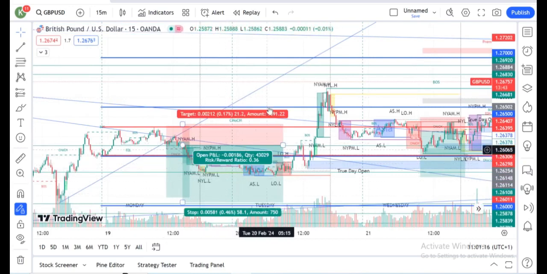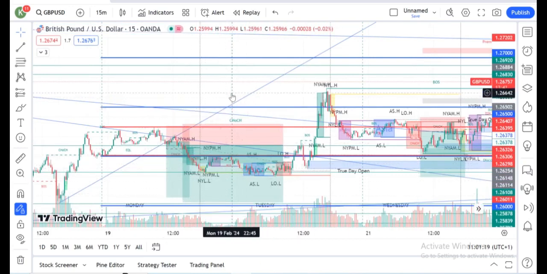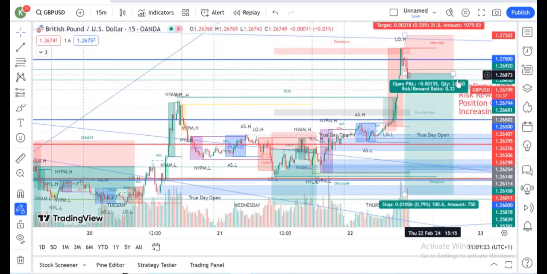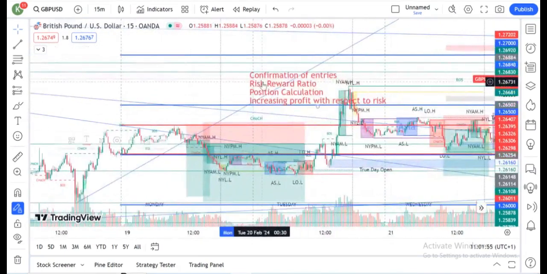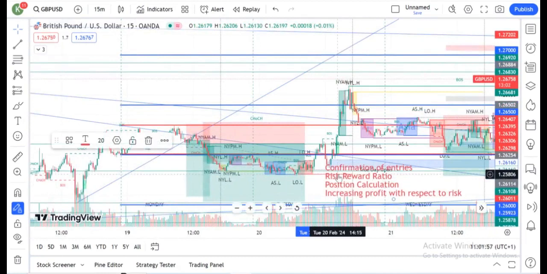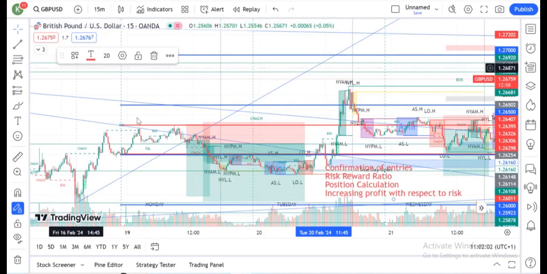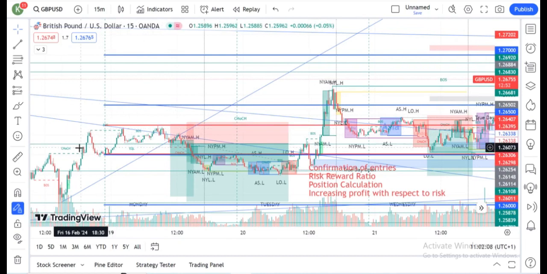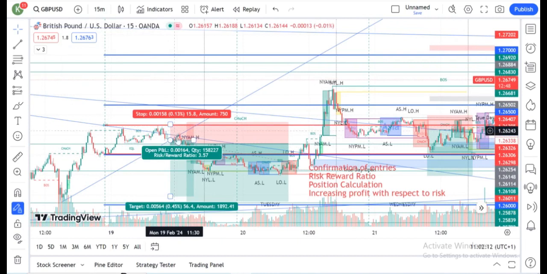So now I will use this one we took on Monday to show you where confirmation of entry will give move. Now for this particular entry, you would notice that it started from this point. After there was a change of character, break of structure, equal low, range, change of character.